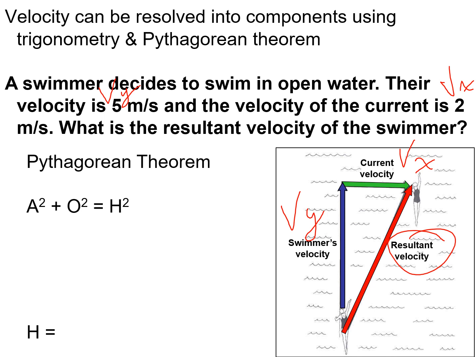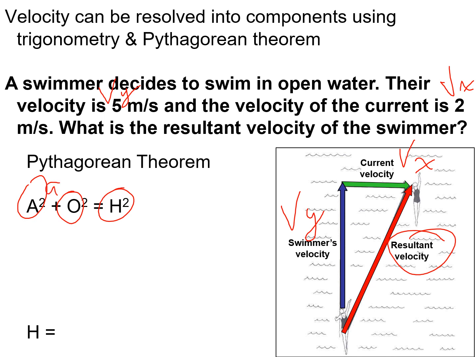If you've taken first year physics, I'm sure you've seen a question like this on one of your exams or homework, but we simply use the Pythagorean theorem. So we know that a squared plus o squared equals h squared. So our adjacent side squared plus our opposite side squared equals the hypotenuse squared.